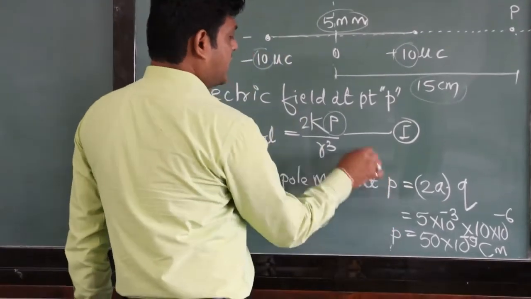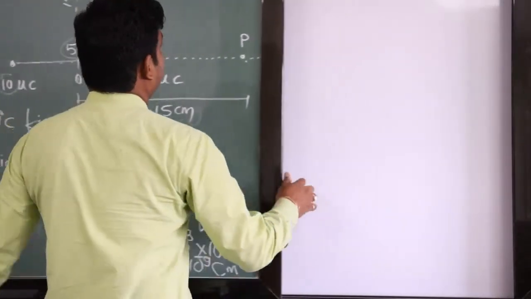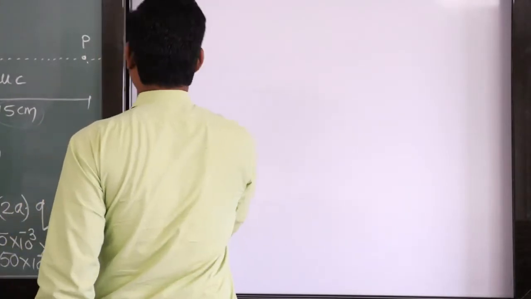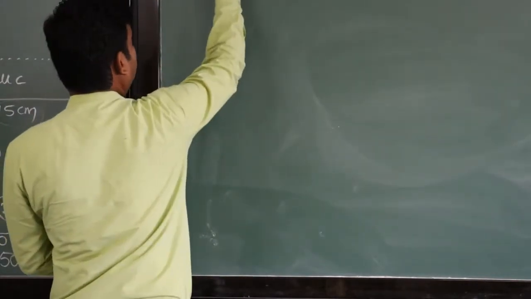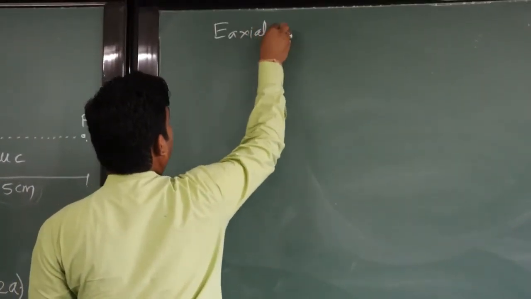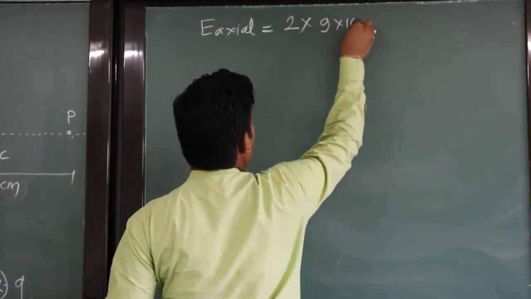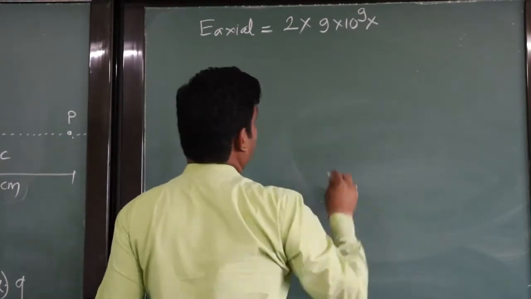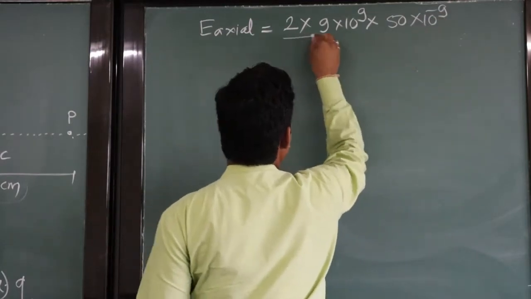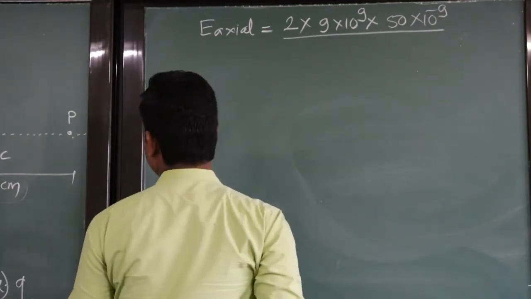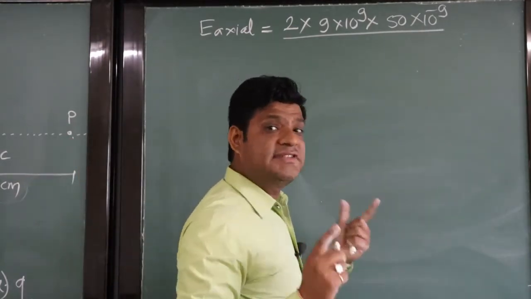Put the value of p in equation number 1. By solving this, we can get E axial: 2 as it is, the value of K is 9 into 10 to the power 9, p we calculated as 50 into 10 to the power minus 9, divided by distance cube. What is the distance? The point P is 15 centimeter away from the center.